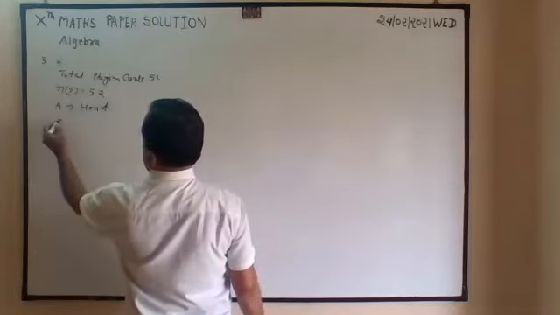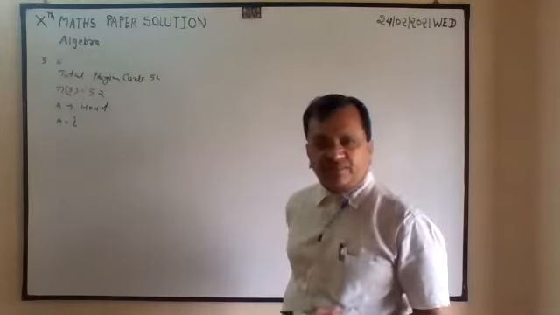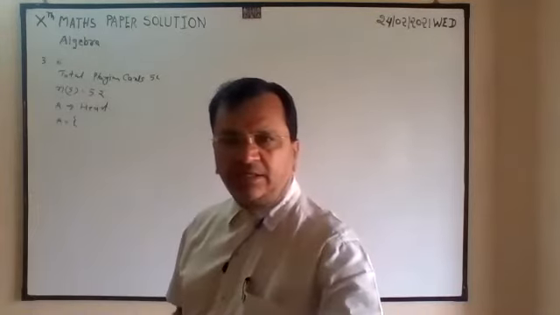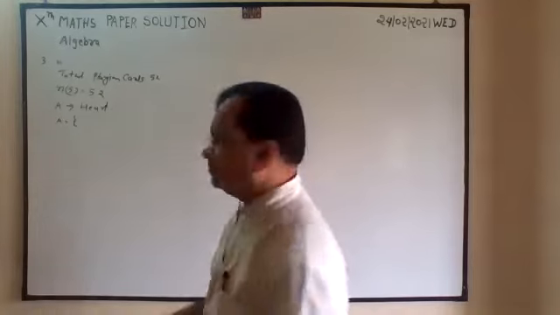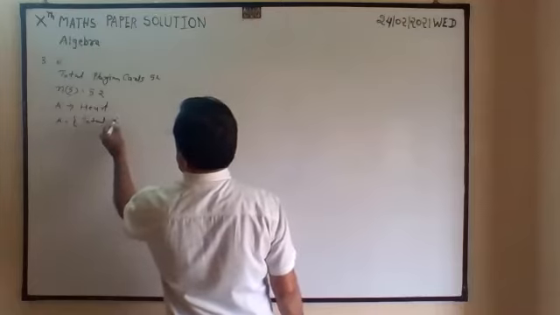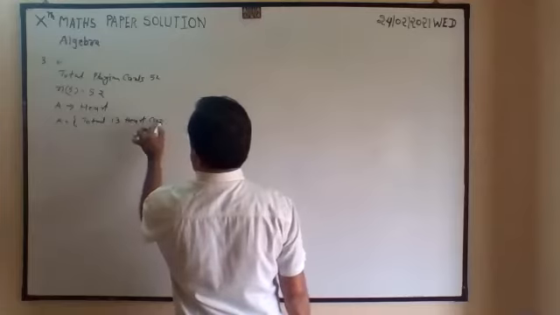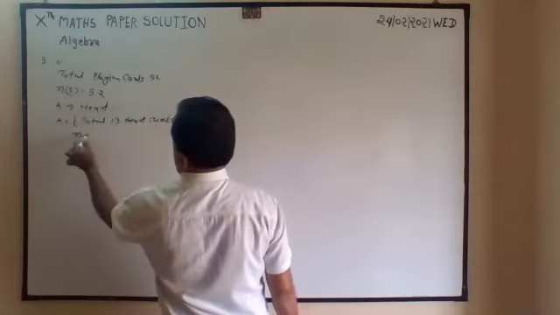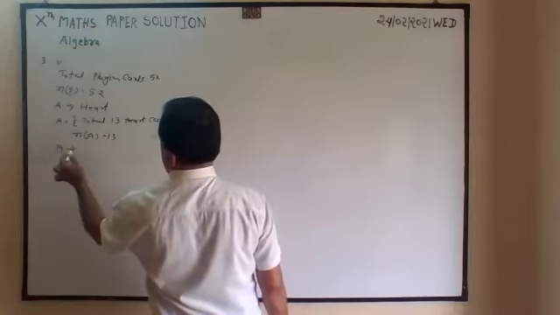So A is heart. Total 13 heart cards, sorry, not 23. Number of A is 13.